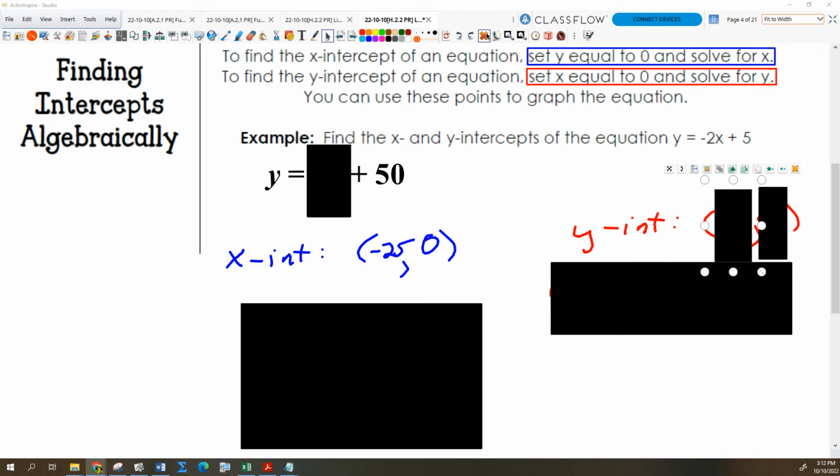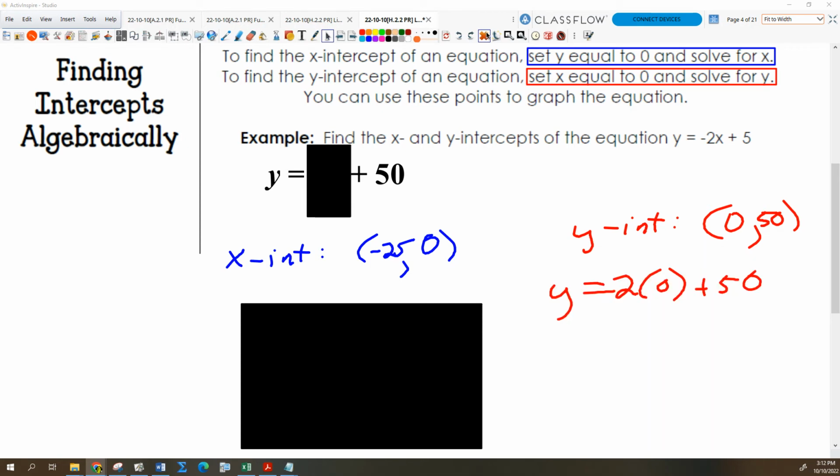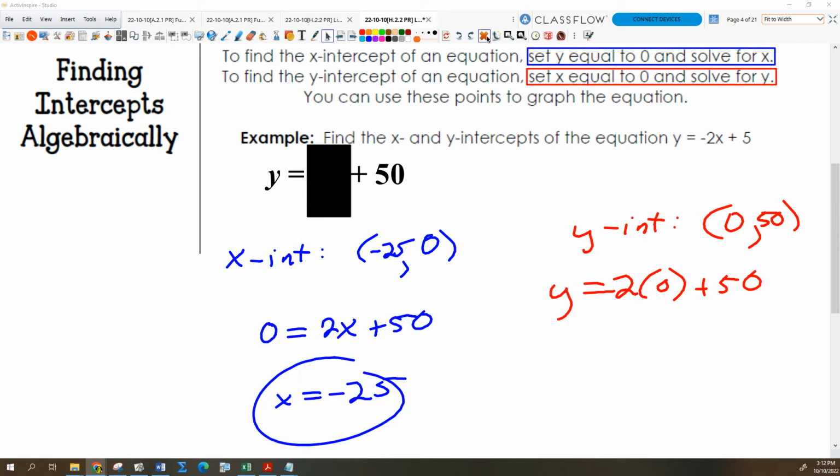How'd I do it? Again, I just set X equal to 0 and solved for Y, and I got 50. Over here, I set Y equal to 0 and solved for X. See that trick? Not a big deal, right?